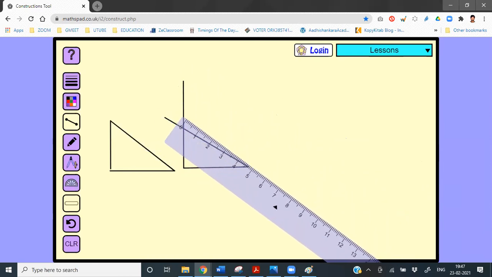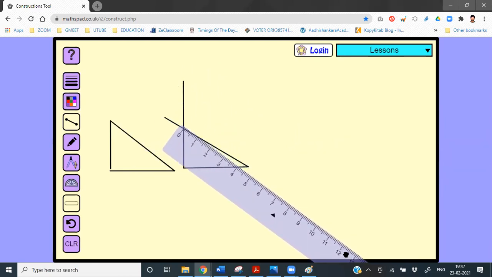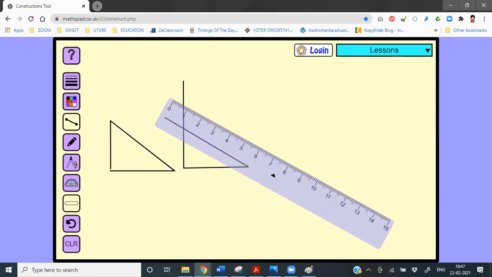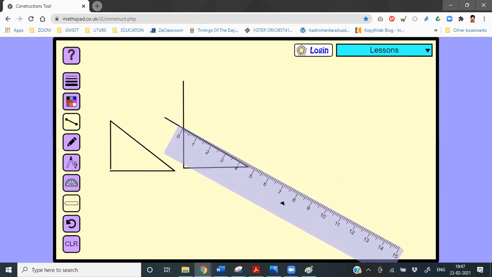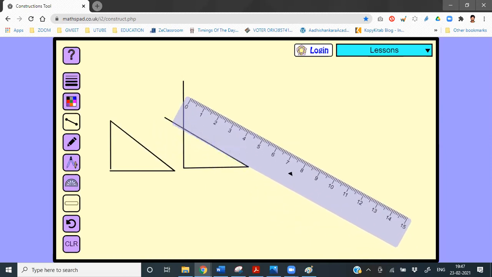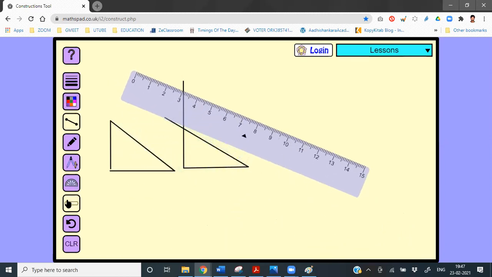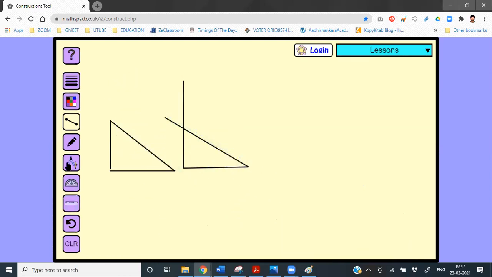You just see that. See the magic. Okay, 30 degree, I did one small mistake. Actually I wanted 60 degree.